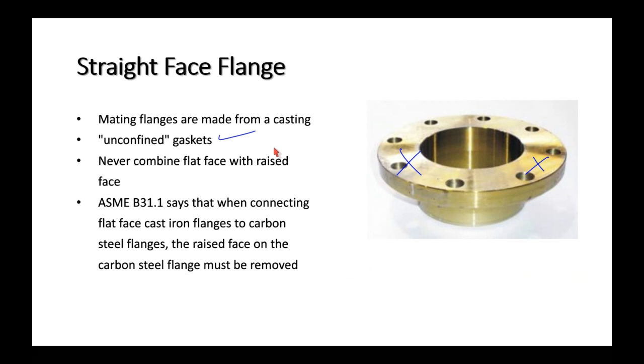Again, the gaskets are unconfined, and we're just going to try and avoid these things. We don't see these very often at the plant because they have a very large surface, so it's very hard to get an appropriate amount of compressive force on the gasket to seal it up nicely.